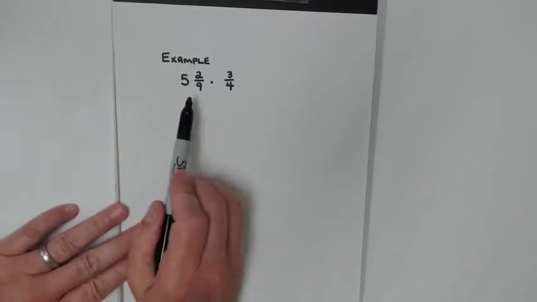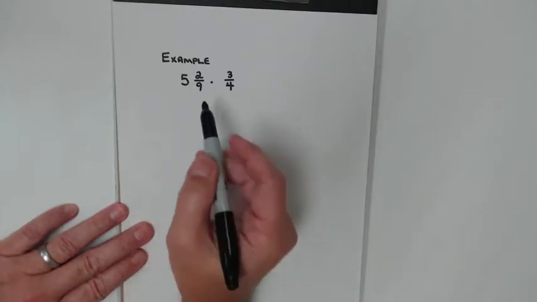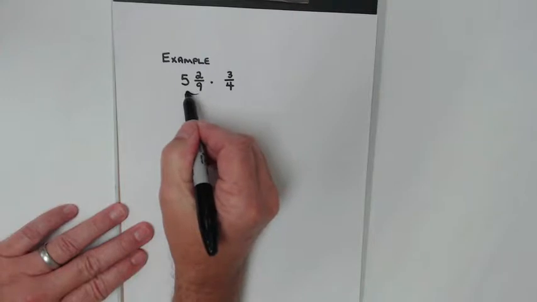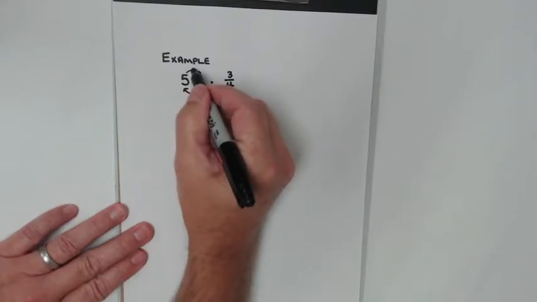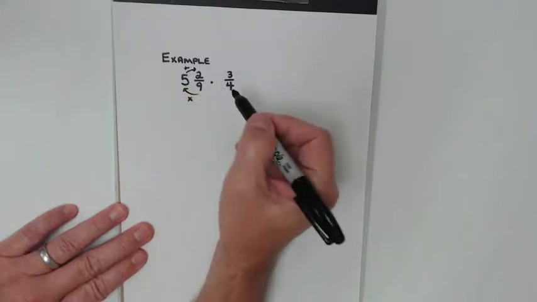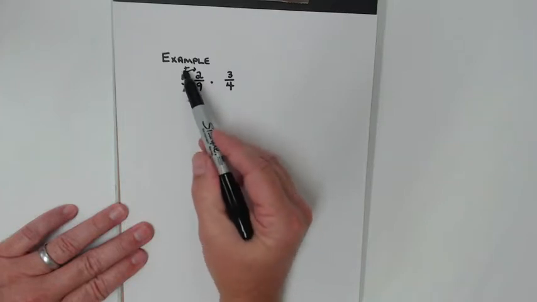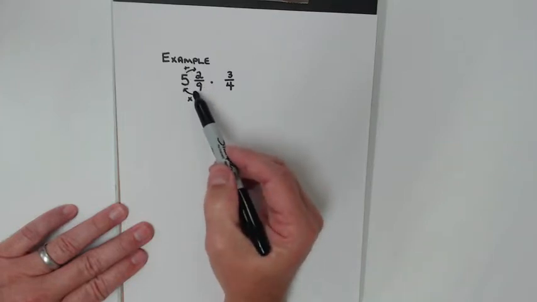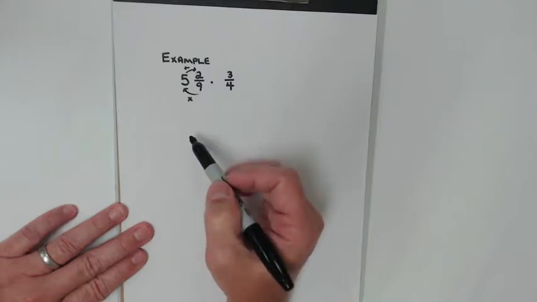We're going to take 5 2/9 and multiply it by 3/4. This mixed number needs to be changed to an improper fraction. We multiply the whole number and the denominator, then add the top number, and keep the denominator.